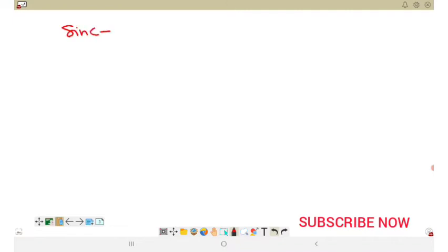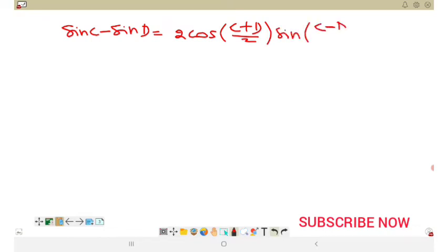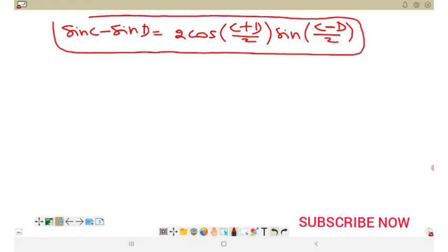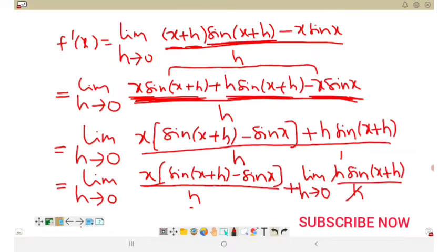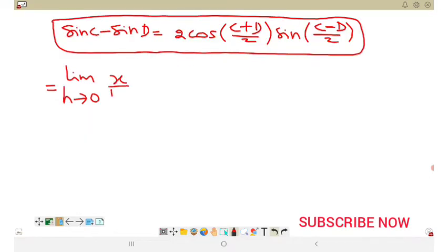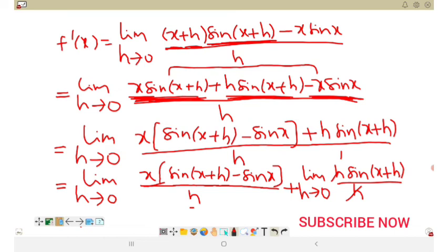Sin C minus sin D formula: 2 cos of C plus D by 2 into sin of C minus D by 2. So limit h tends to 0, x by h into sin of x plus h.